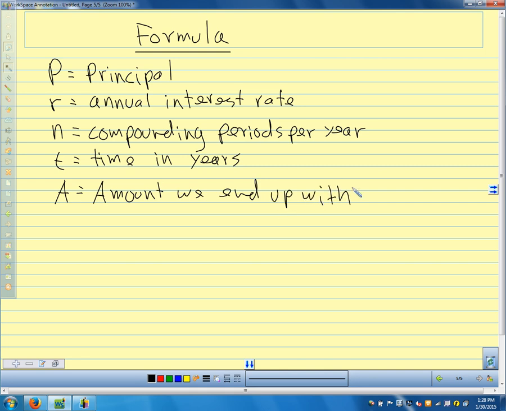So our formula for compound interest: our amount equals the principal times 1 plus R over N, to the NT power. In the example we did before, N was 1, so we just ended up with a 1 here and a 1 there.